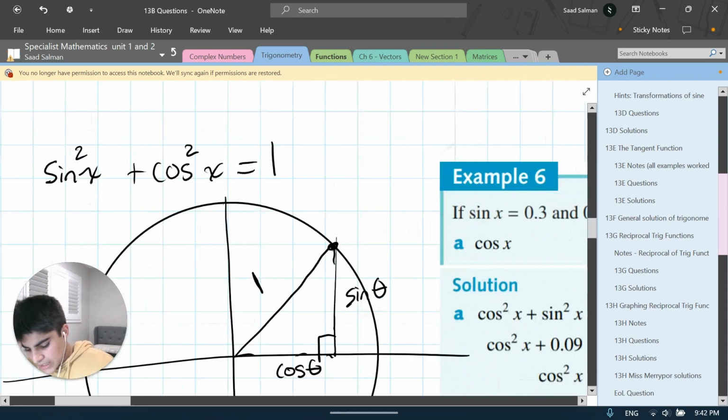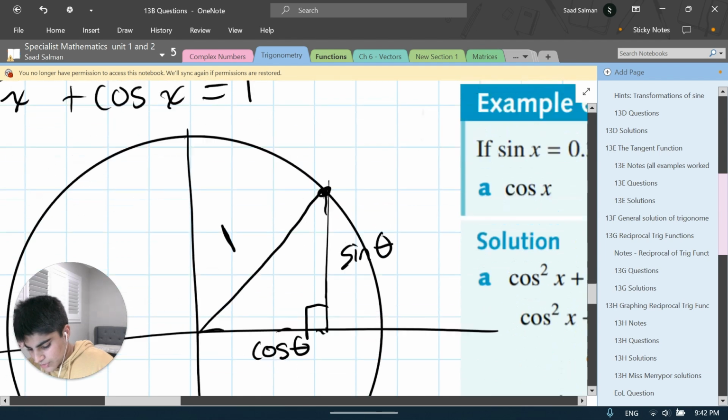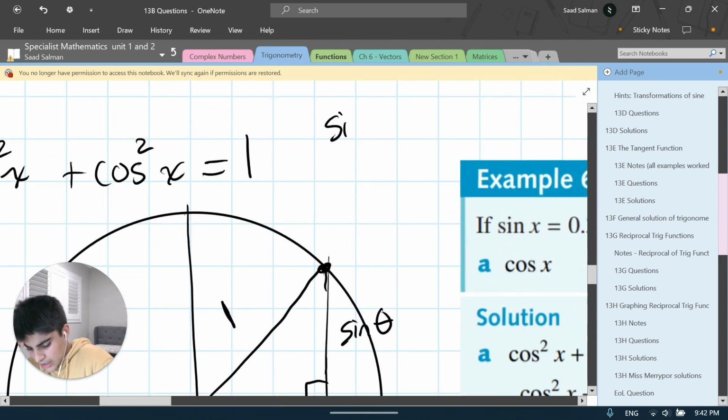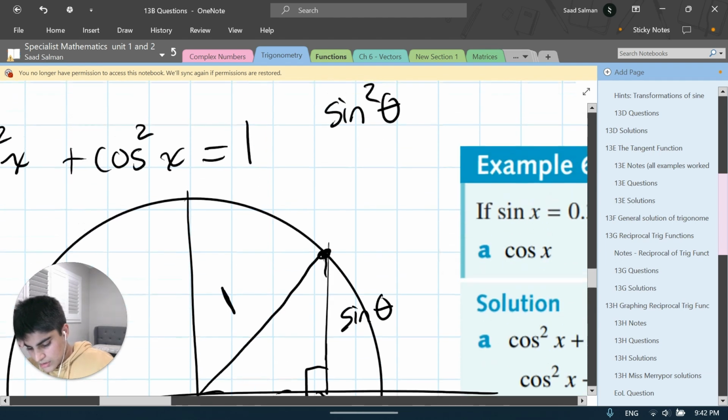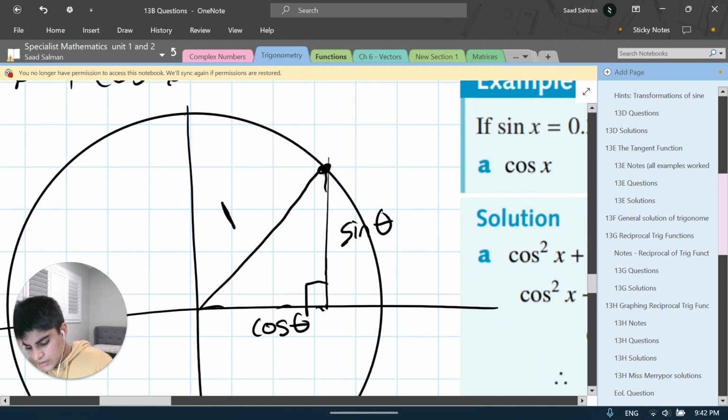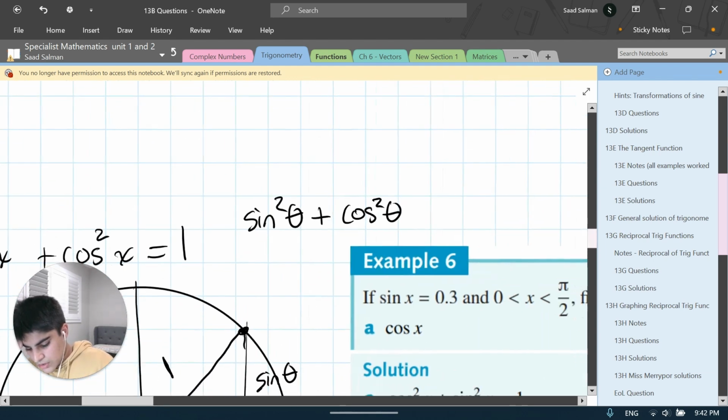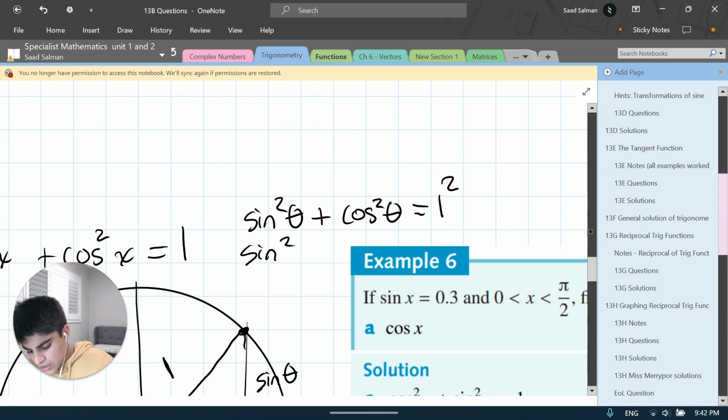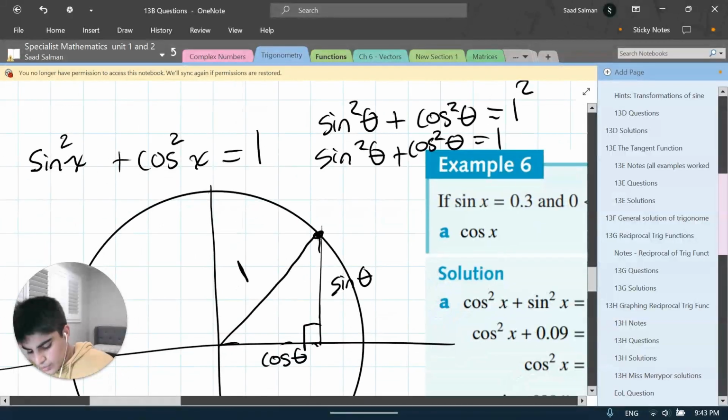So using the Pythagorean theorem, we can derive this as sine squared theta plus cos squared theta equals 1 squared, because 1 squared still is 1. Sine squared theta plus cos squared theta equals 1. That's how we derive this formula.